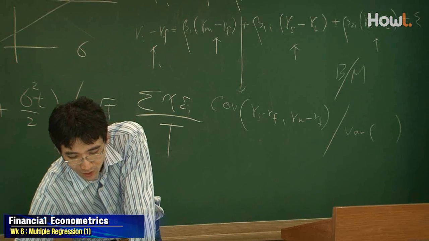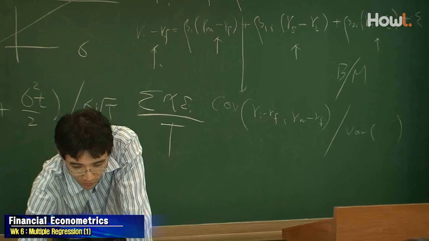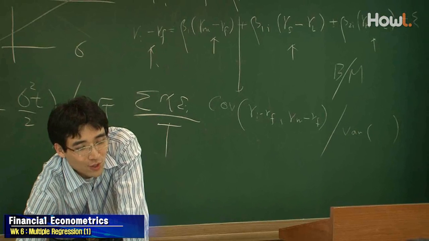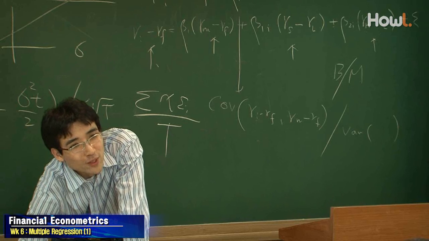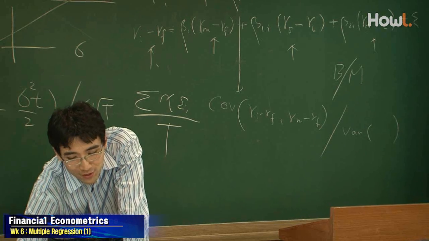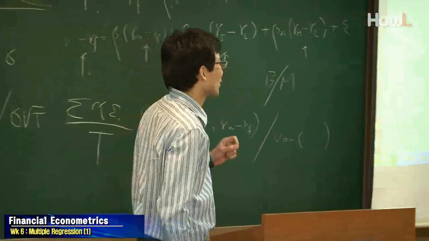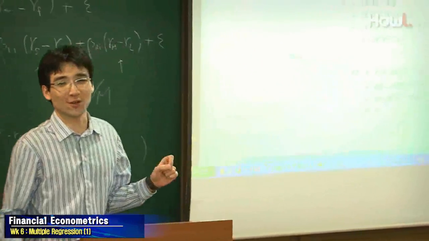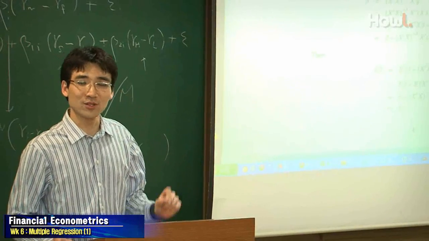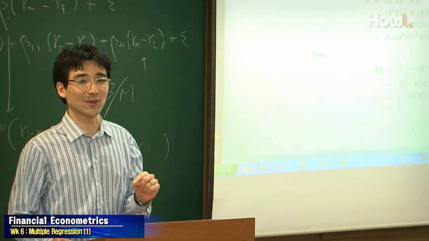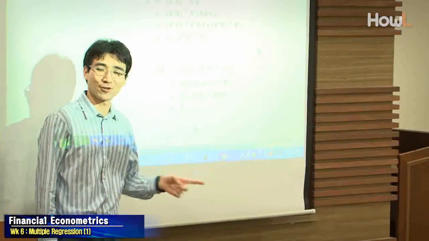And then if we take expectation of each side, conveniently the expected value of our estimate becomes the true beta, right? Which means that our OLS estimator is the same as the true beta in expectation. This property is called unbiased estimator. So our OLS beta is an unbiased estimator of the true beta.